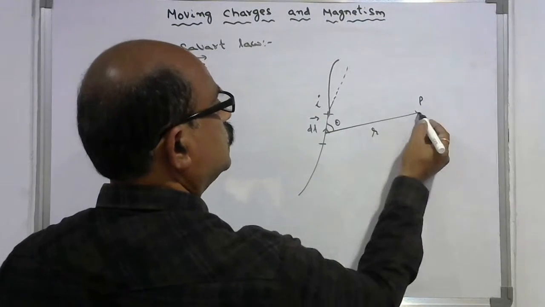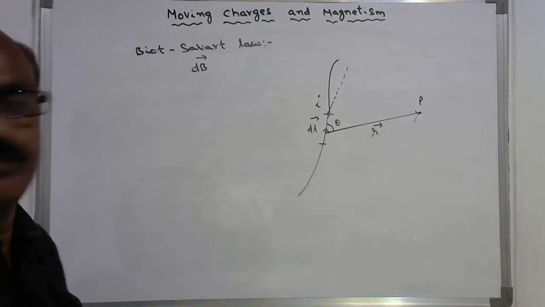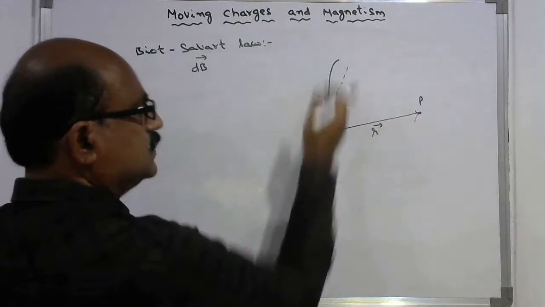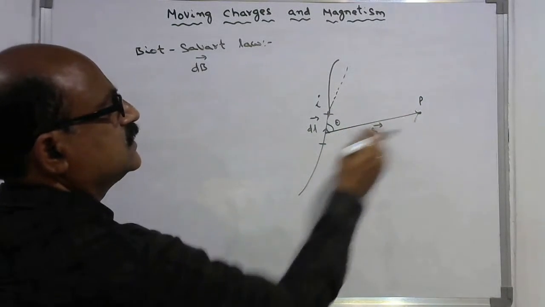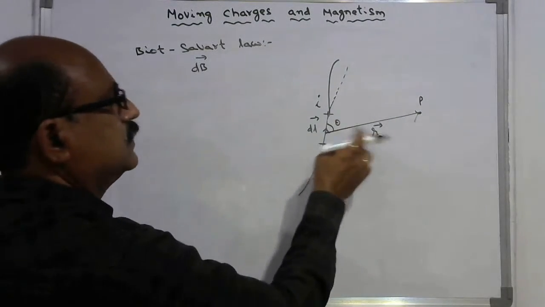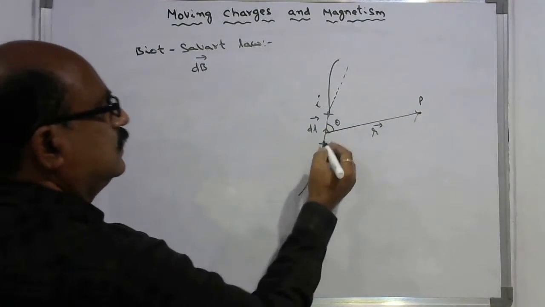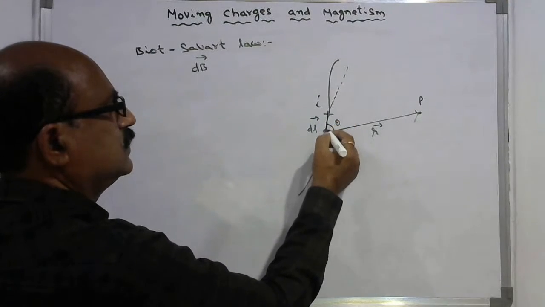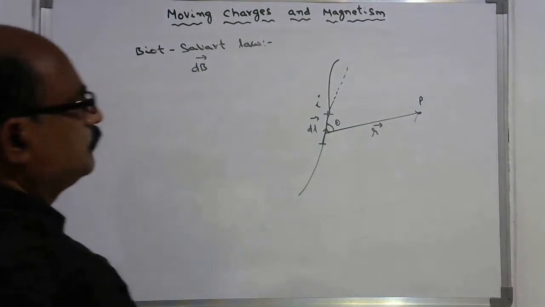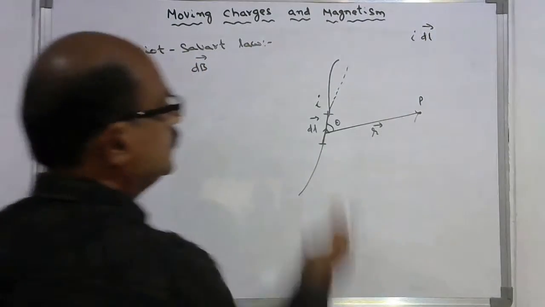The position of this point is represented with R bar, and this R bar, the position of this point with this element, makes angle theta at a distance R. So the position is represented with a position vector, the orientation with theta, and the current direction element multiplied, I dl. I write this as the current element, I dl bar, with dl in the direction of current.